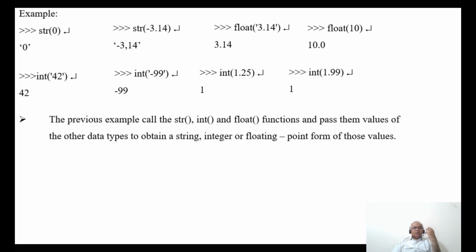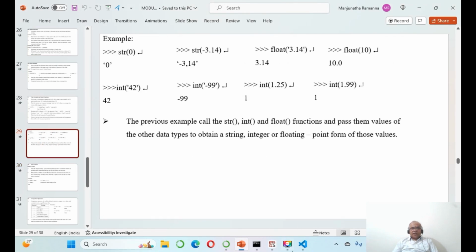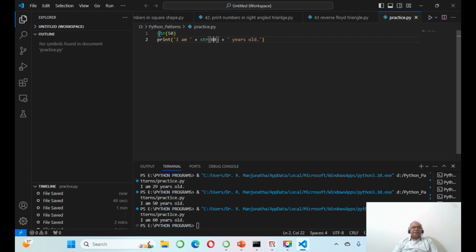The previous examples call the str, int and float functions and pass them values of other data types to obtain a string, integer or floating point form of those values. Now, we are going to see how it works. To do that, I will come to this function again.